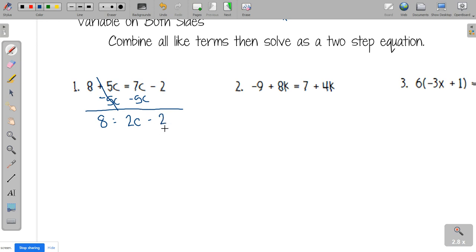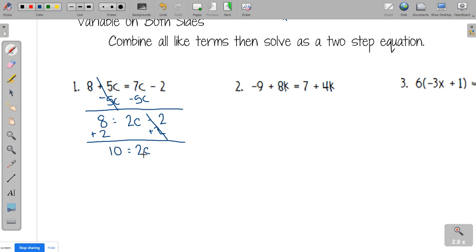Now we need to move our number or constant to the other side. We're going to add 2 to both sides. It cancels out. We bring down 2c equals 8 plus 2 is 10.